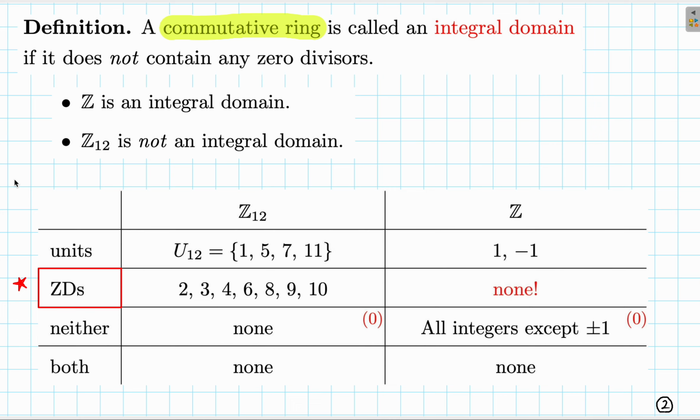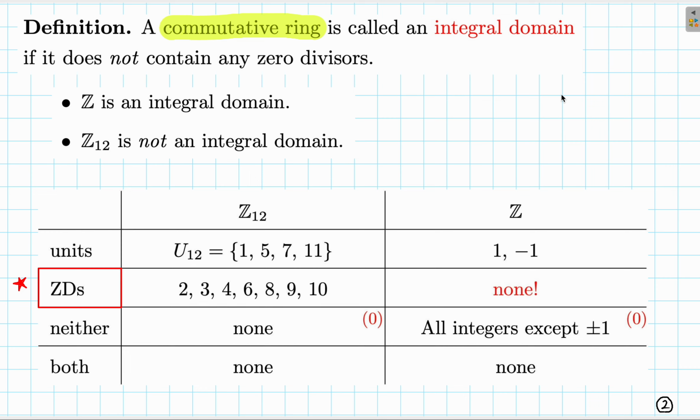Now, in Z or Z12, A times B does equal B times A for any pair of elements A and B. But we have seen examples, such as the matrix ring, where multiplication isn't commutative, and that's okay. So when we refer to a commutative ring, we are saying that multiplication in that ring is commutative. And when we say a non-commutative ring, we are saying that multiplication in that ring is not necessarily commutative.